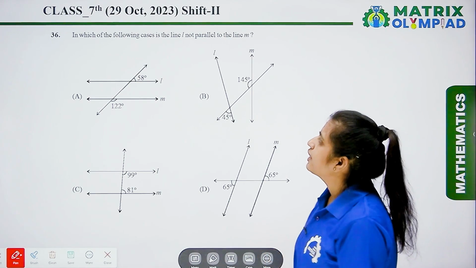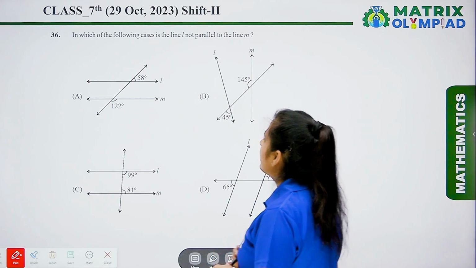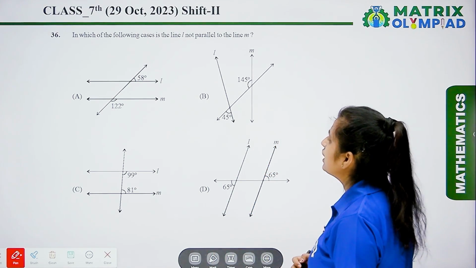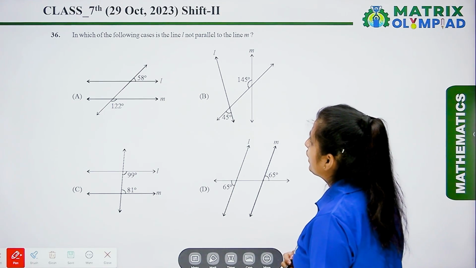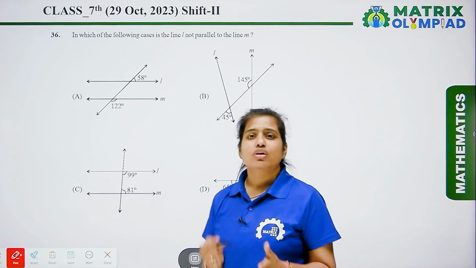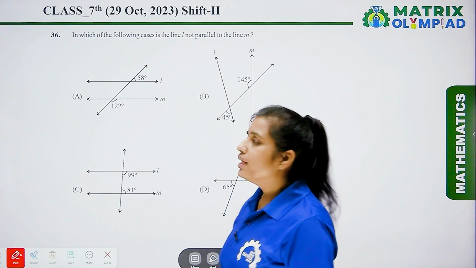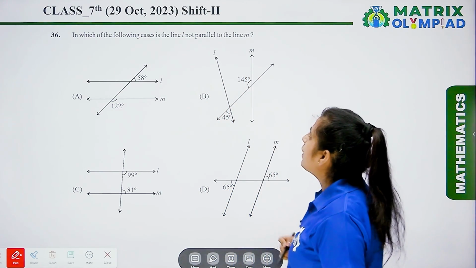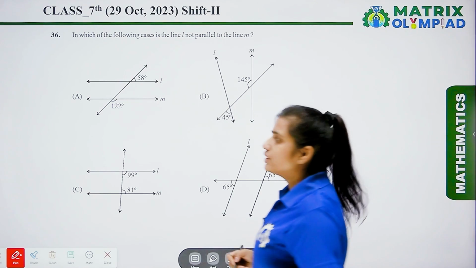Question number 36. In which of the following cases is the line L not parallel to the line M? So here we have to find out in which option line L is not parallel to line M. Let's find out.